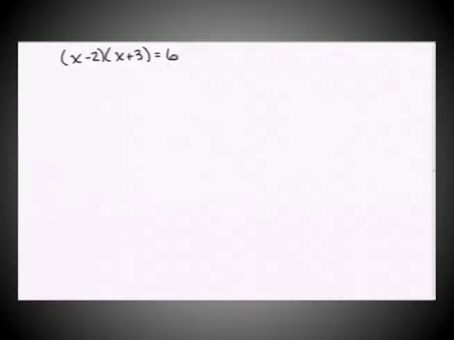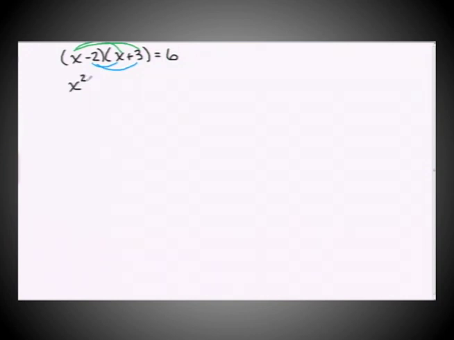All right, so you see I have here (x minus 2) times (x plus 3) equals 6. And this is a quadratic equation because if I start distributing each term in the first set of parentheses to each term in the second set of parentheses, that first distribution, when I multiply x by x, I get x squared.